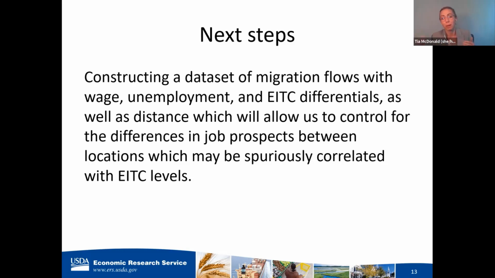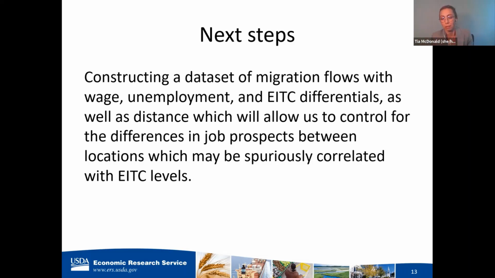Because you would expect low income people to move shorter distances, right? Yeah, absolutely, absolutely. And there are also some things we could do to exploit where I live in Kansas City, where we have a metro area that spans two states. So there are also some things we might be able to do with areas that border states.